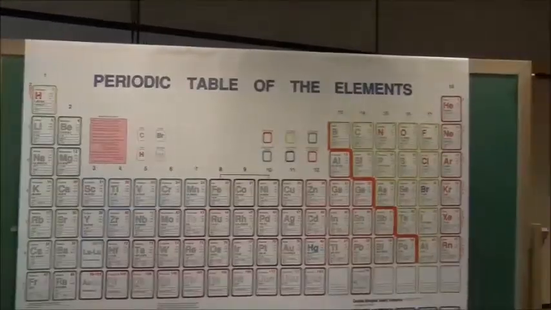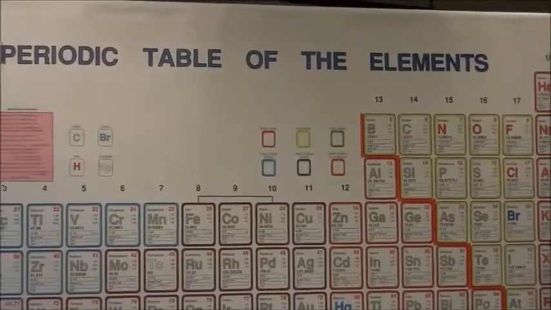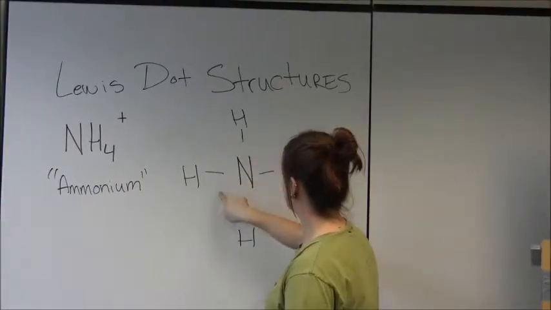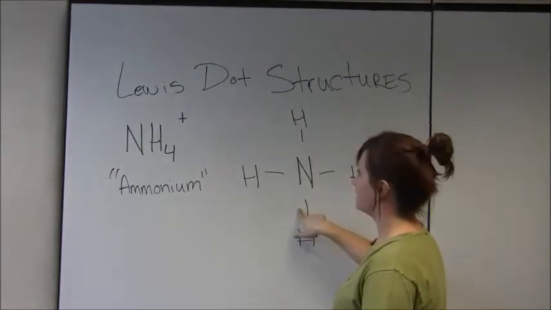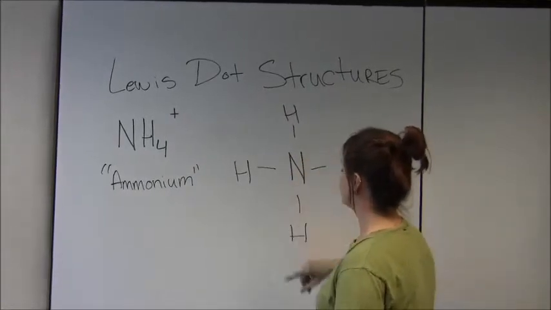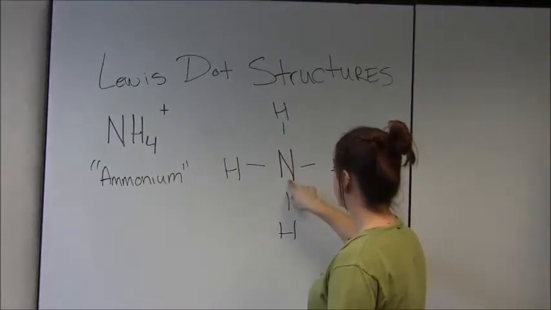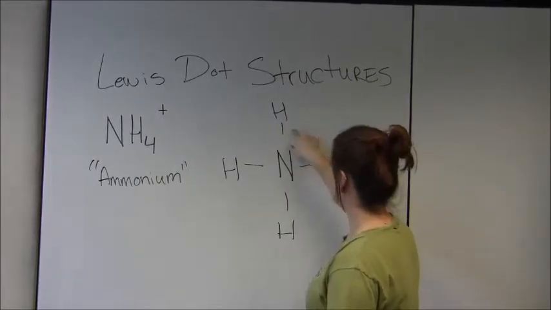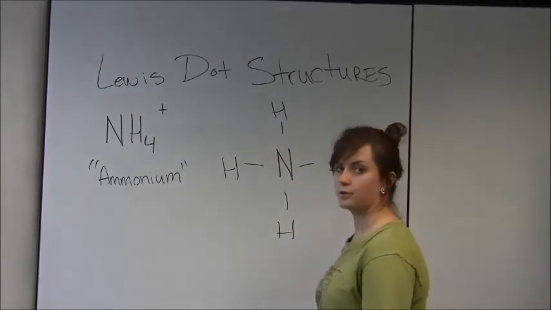Nitrogen has 5, and the 4 hydrogens have 1 each, so there's a total of 9. Even though there are 9 valence electrons for this whole compound, everything's satisfied. N has its 8, like it wants to complete its octet rule, and hydrogen only wants a maximum of 2 because it can't hold more than that.